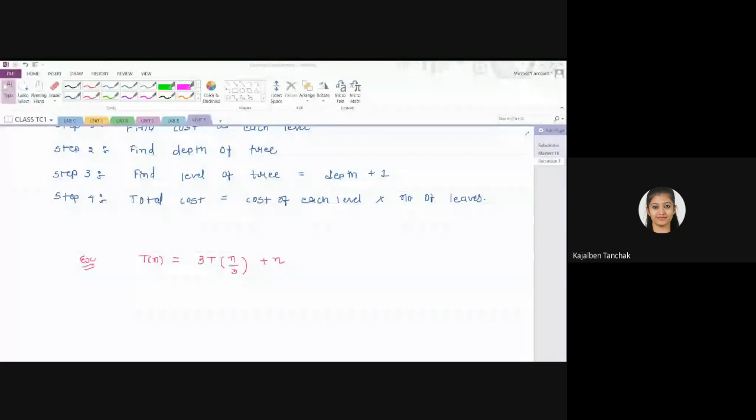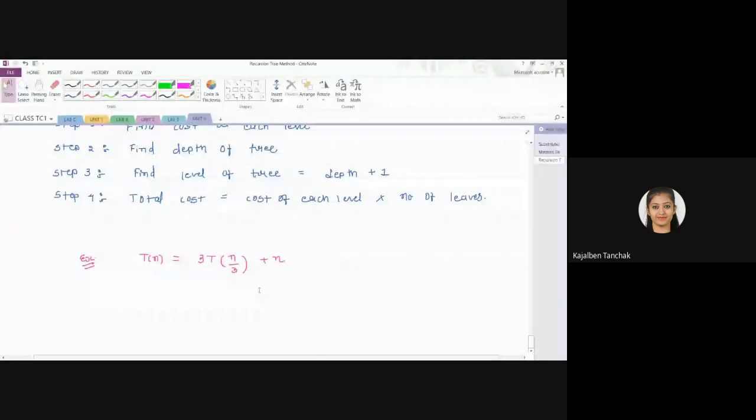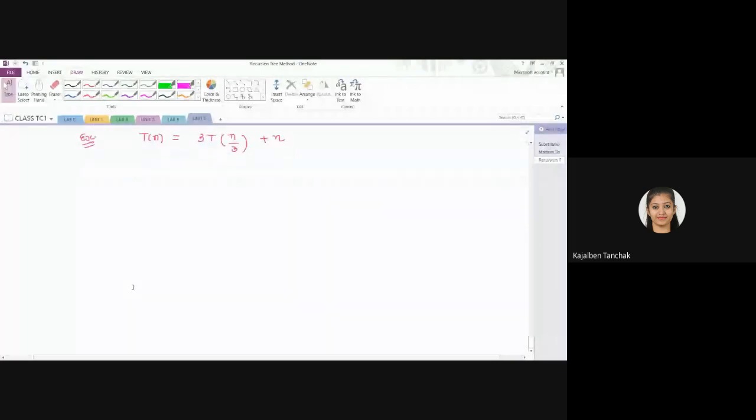Next example, I'll write it down here and I want a response from everyone, okay? I'm not going to tell whether it is a correct answer or not, but you have to solve it by yourself. So I will write down the example. T of n.